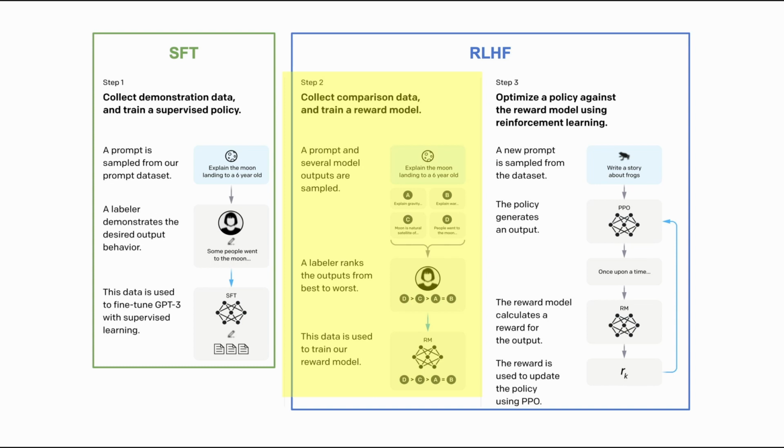This set of rankings is used to train the separate reward model. Then you apply the reward model to train the original model, and that creates a scaled up way for human insight to drive further training for the large language model.